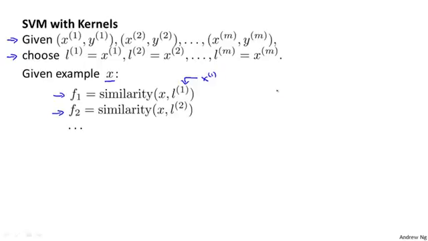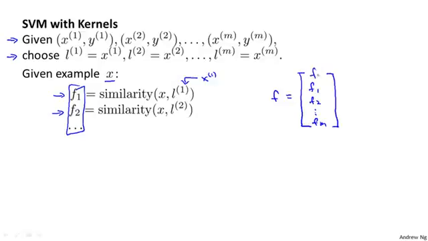These give me a feature vector, so let me write f as a feature vector, grouping f1, f2, and so on down to fm.